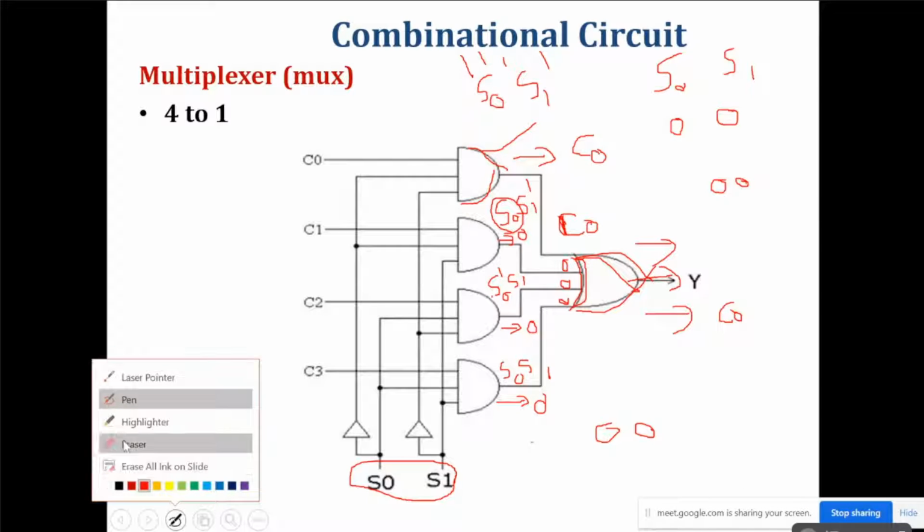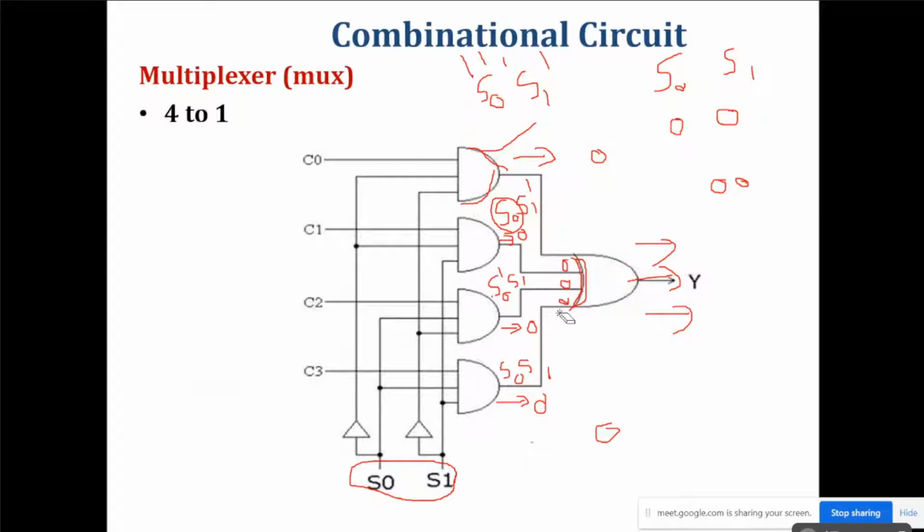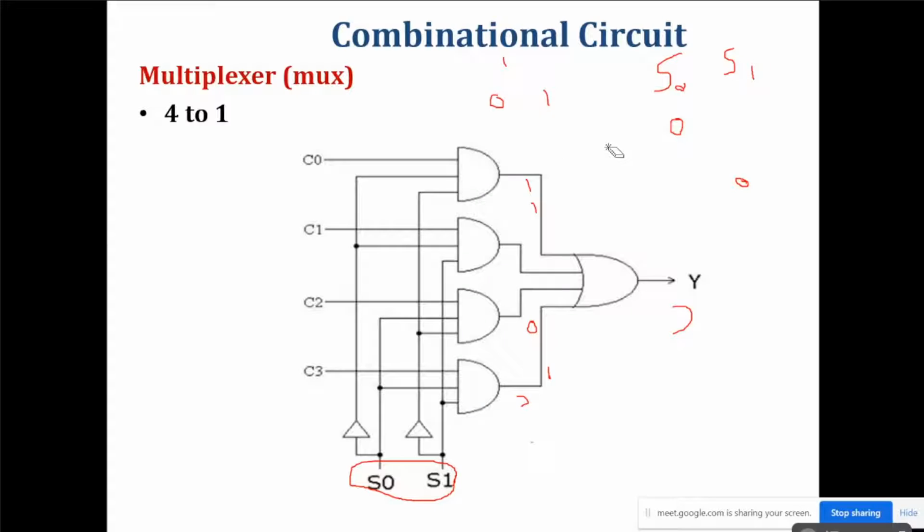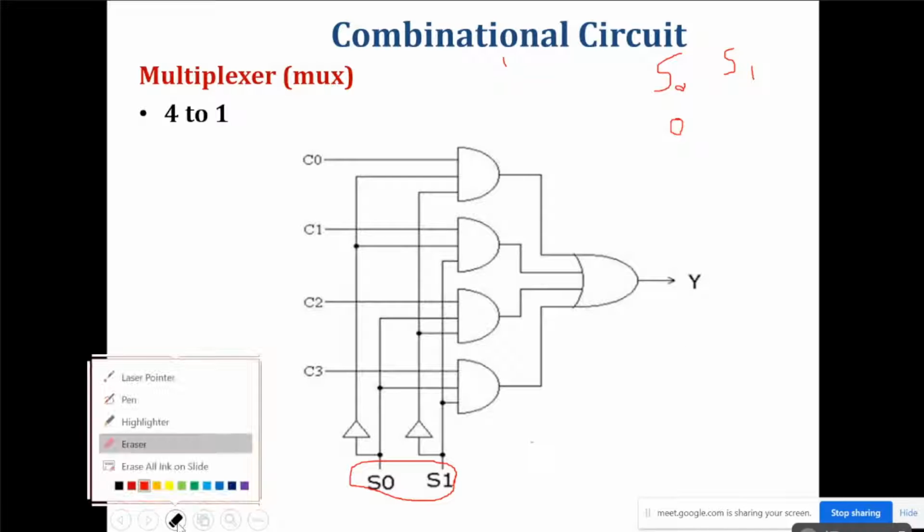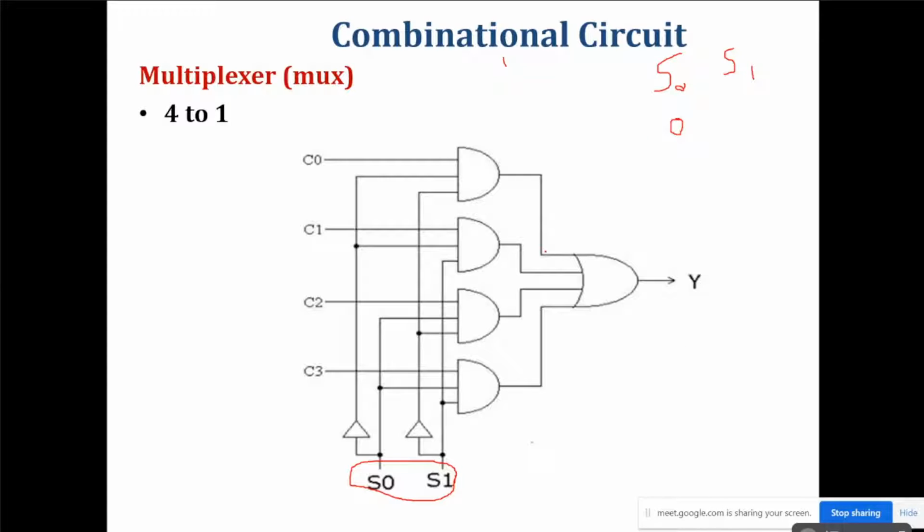Next, let's see for the combination 1 0.